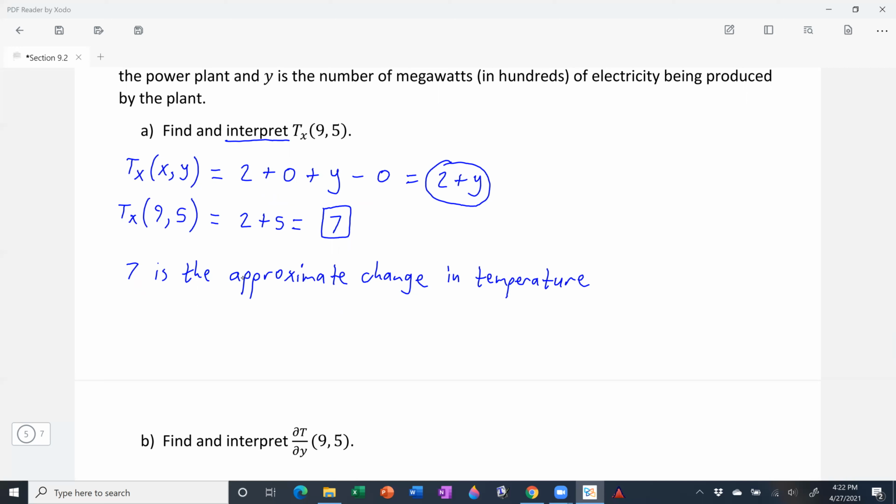Okay, the power plant is probably increasing the temperature of the river. So 7 is the approximate change in temperature of the output water. Okay, so at the point right as it's passing the plant, this is how much the water increased in temperature.